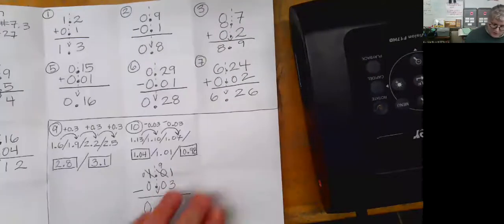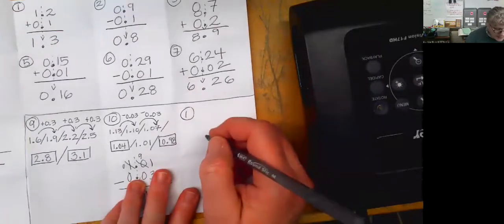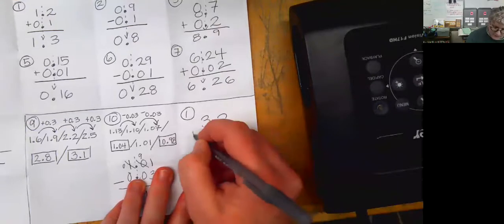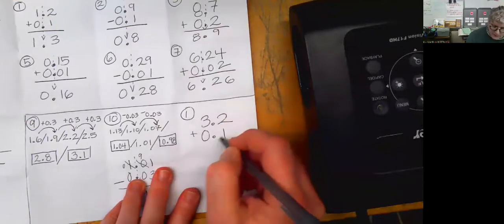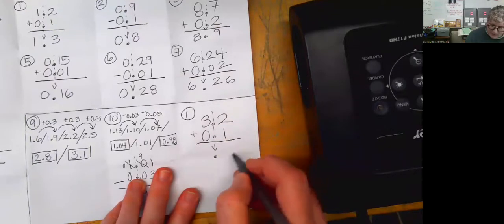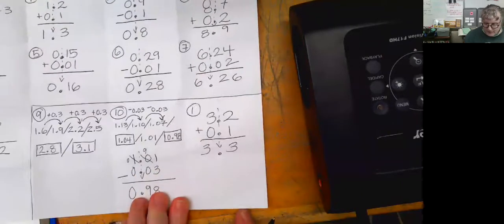Okay, so let's do number 1 on page 27. We have 1/10 more than 3 2/10. So again, we add that up and we get 3 3/10. Okay, pretty easy.